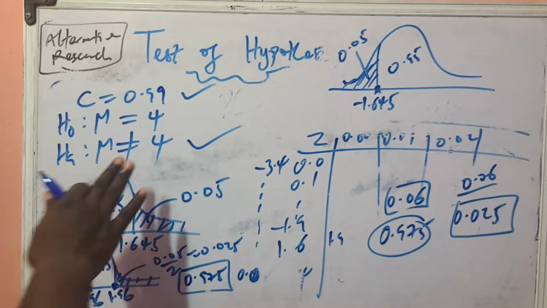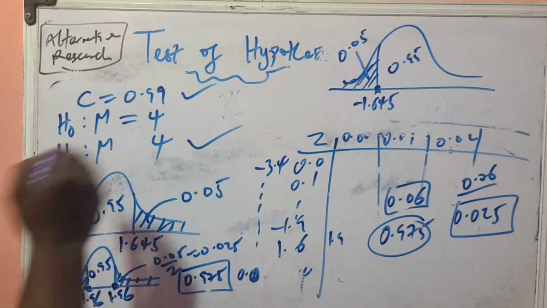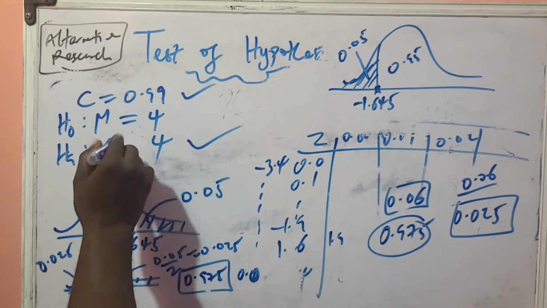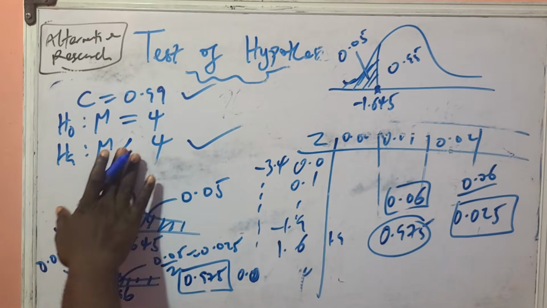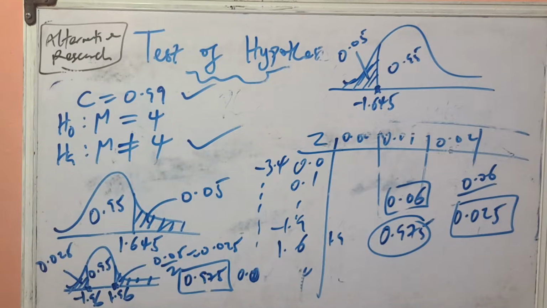Guys, I want you to find for when the alternative hypothesis was greater than. I want you to find for when it was less than. I want you to find for when it was not equal to. So you go on to produce each of the critical values for those three different scenarios. That's what I want you guys to do in the next few minutes.